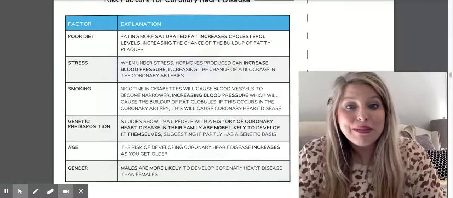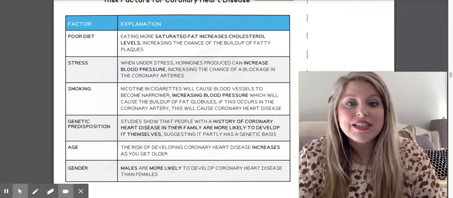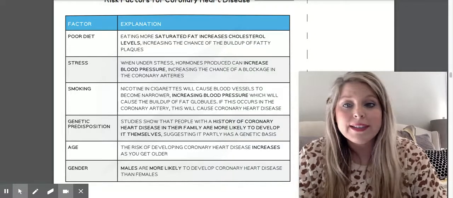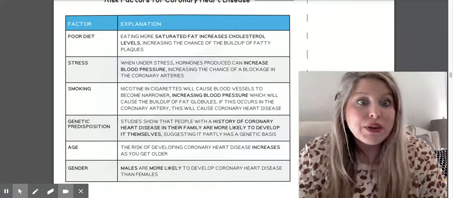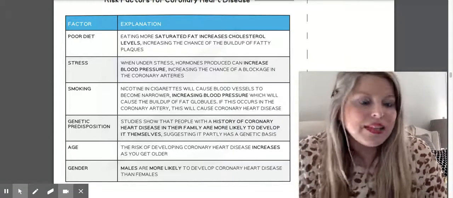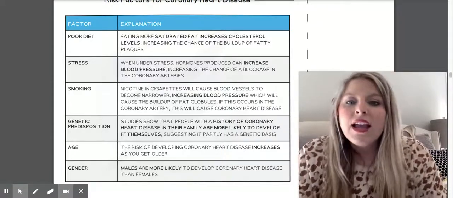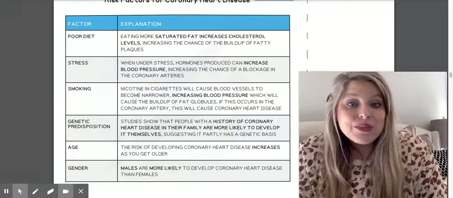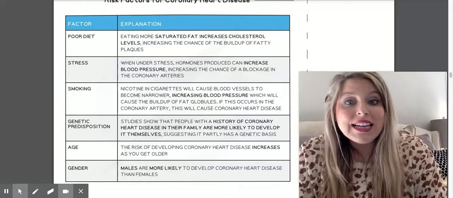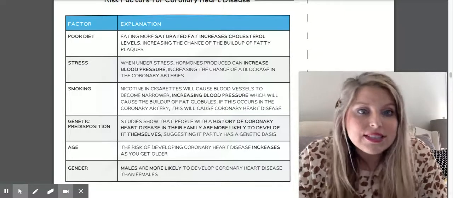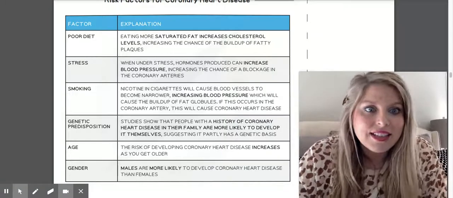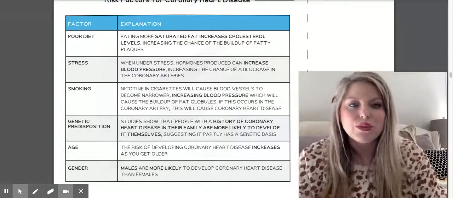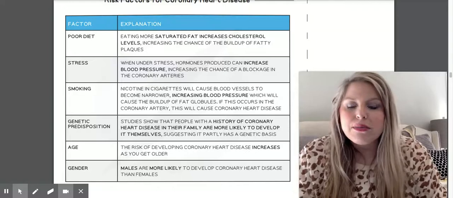This can increase blood pressure, which increases the chance of a blockage in those coronary arteries. Smoking as well as vaping. Smoking is vaping, just for all of you that don't believe that. Ultimately, nicotine is what leads to this, because again, it increases your blood pressure. So yes, vaping has lots and lots of nicotine, way more than an actual cigarette that you would be smoking.